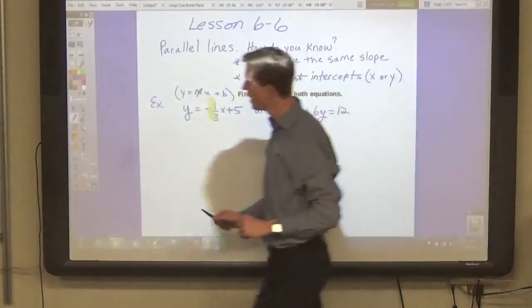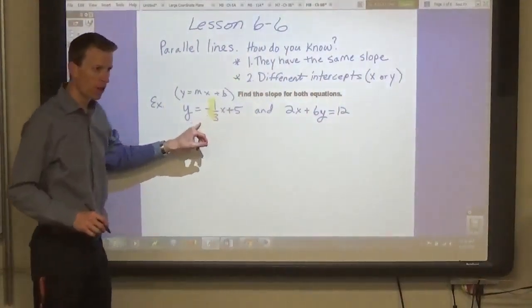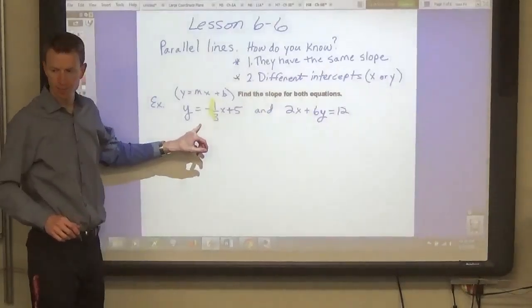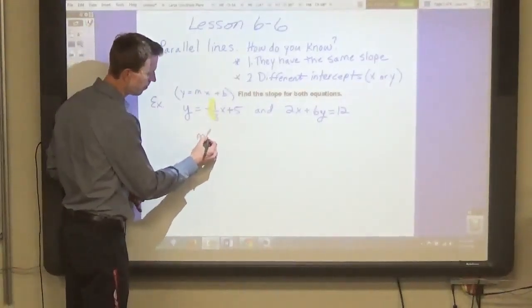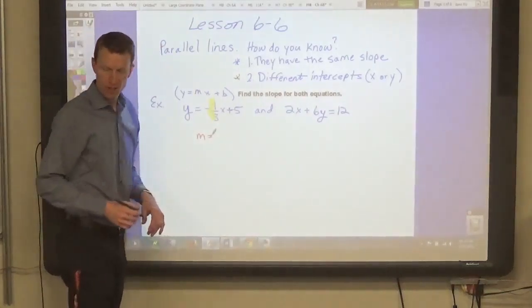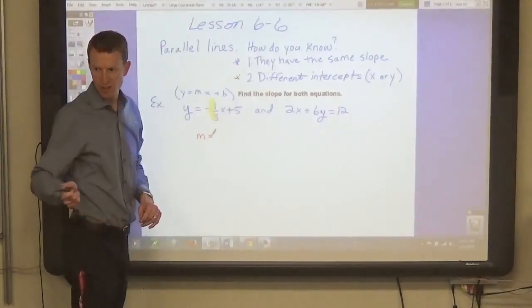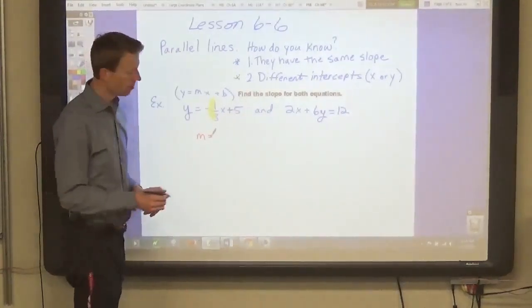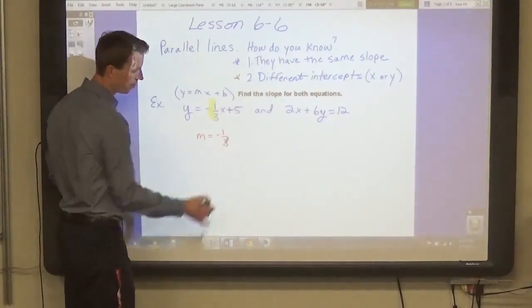Okay? So if you take a look at this first example, the slope for this equation is what? Don't yell it out, please. Kishan, it's negative 1/3, right?